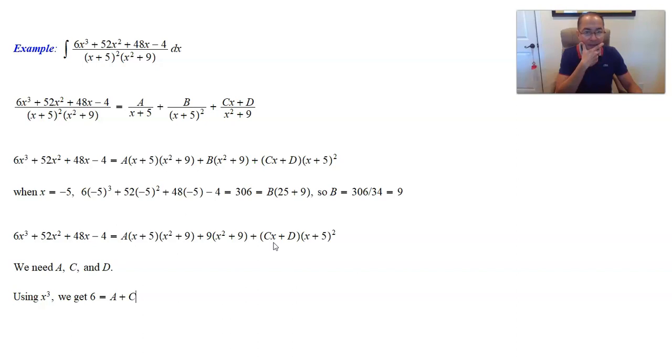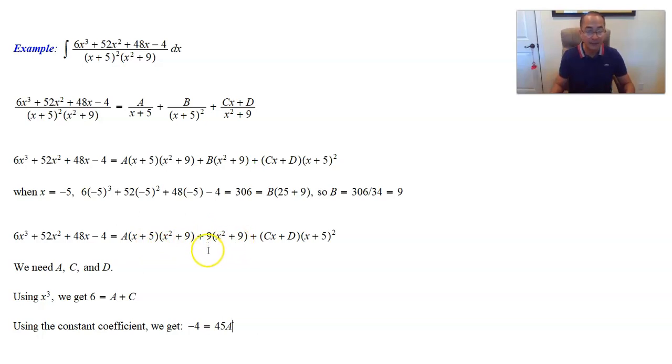All right, great. So we don't have the d. Remember how the constant coefficient really helped us out last time? So using the constant coefficient, on the left, -4, but on the right, the only constant here is 9 times 5, 45a.